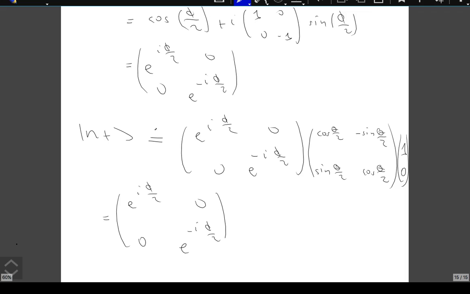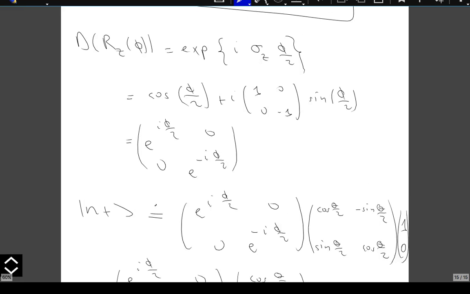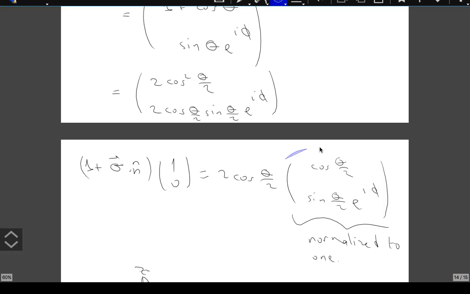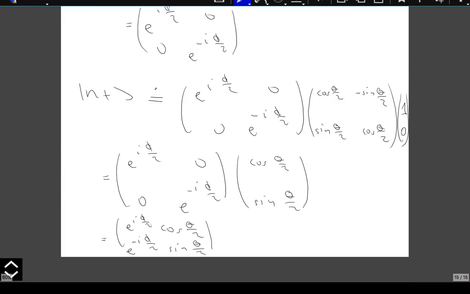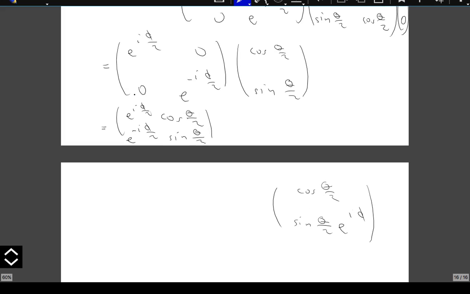If I make the last multiplication first, this is just cosine theta over 2, sine theta over 2, which is e to power i phi over 2 cosine theta over 2, e to power minus i phi over 2 sine theta over 2. Now if you compare it with the previous expression that we obtained, this was what we had obtained before, and this is what we have now.